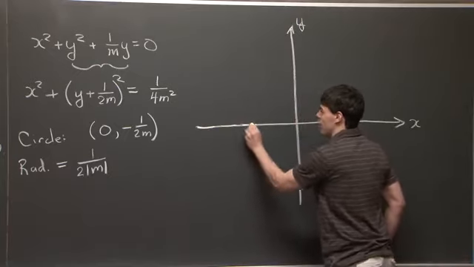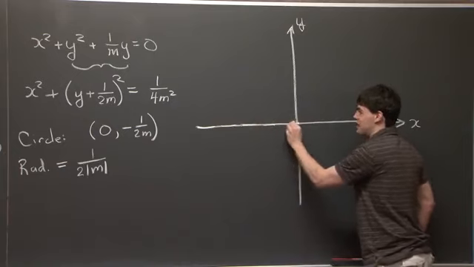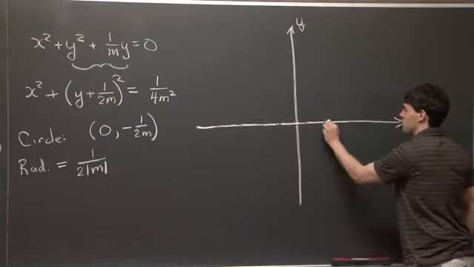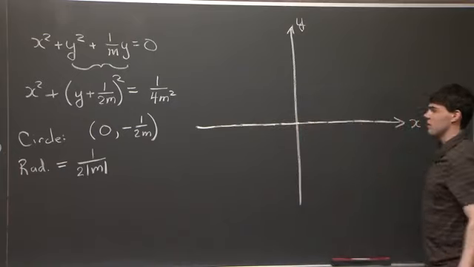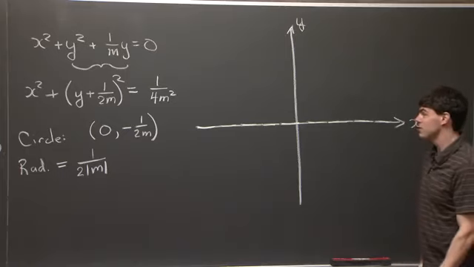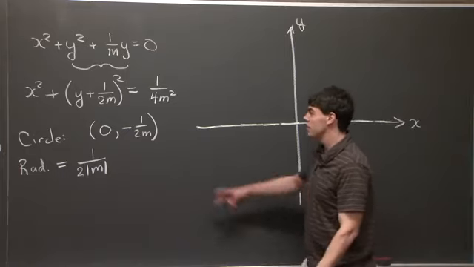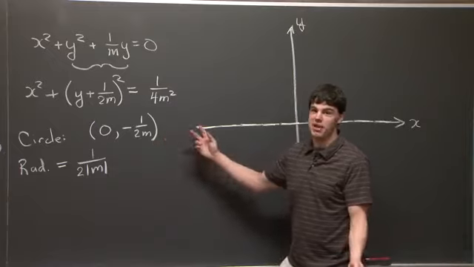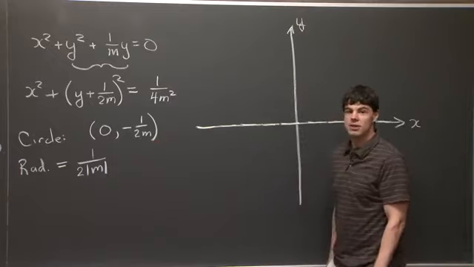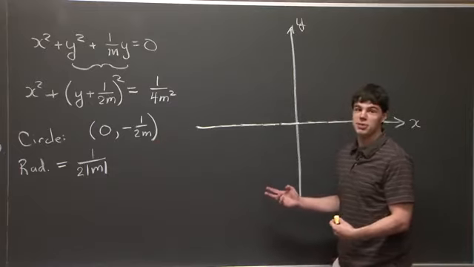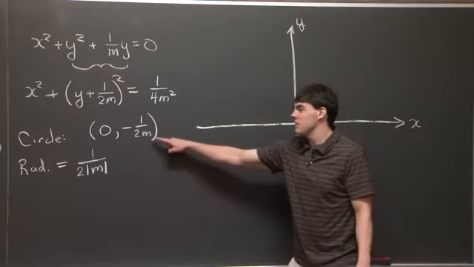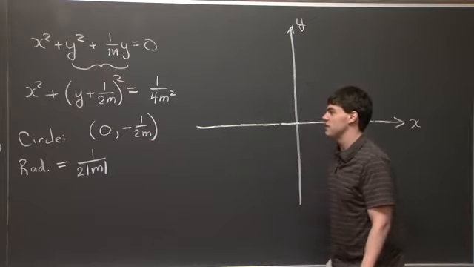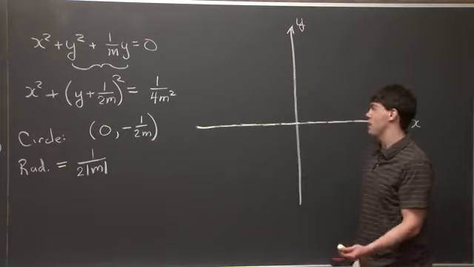So all along the line y is equal to 0, I'm just going to draw dashes that correspond to a slope of 0. For the other isoclines, we just have to pick some values of m and start plotting. So I'll take the value m is equal to negative 1. And when m is equal to negative 1, we have a circle which is centered at 0 and 1/2 with radius 1/2.